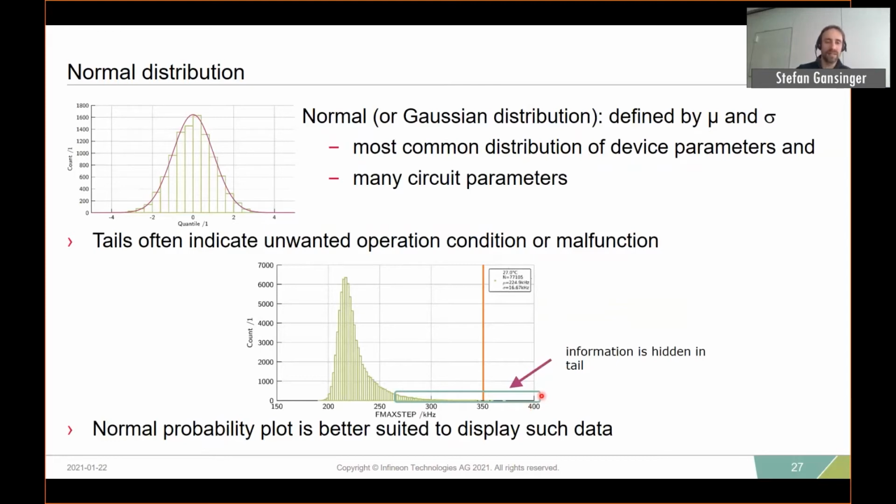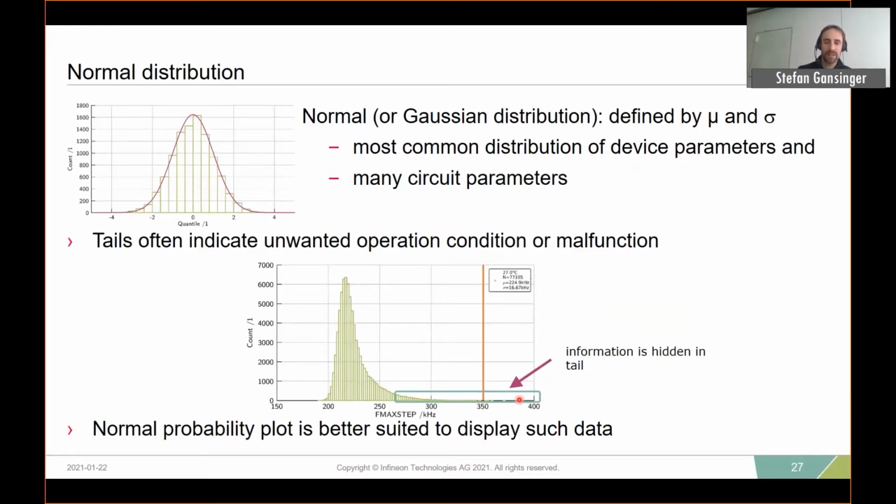So in many cases, this is an indication that the design is not working as expected. So this is the important information, but in the histogram, it's quite small compared to, let's say, the mean value. This is quite big, but this is not so important. Usually we're interested in this. So the histogram is not well suited.